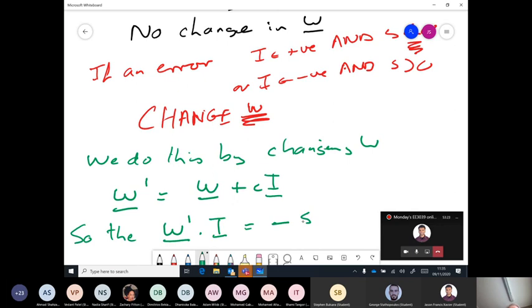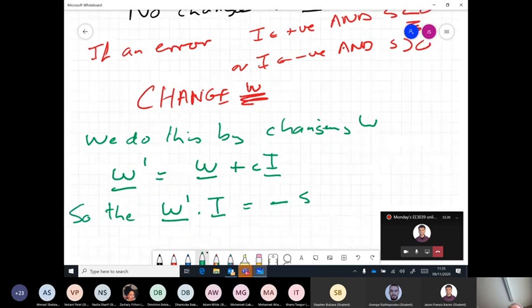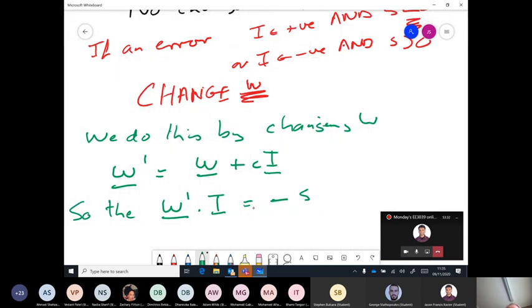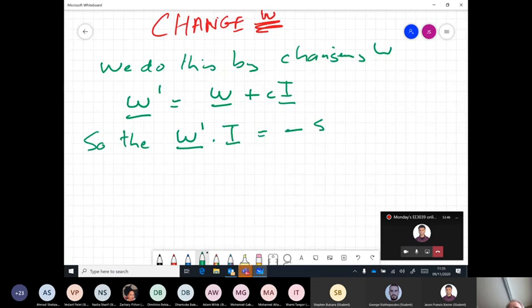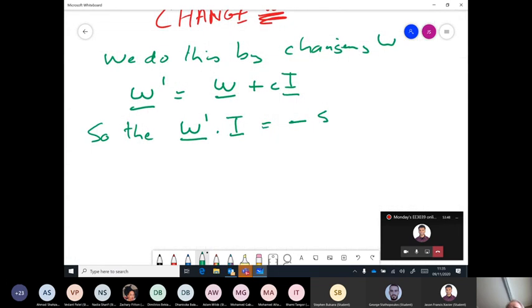In other words, it is the same product, but on the opposite side of the decision surface, it will be classifying the pattern correctly. If it's the negative class and we want it to be positive, so if S originally was minus, we're now using minus S, minus S will make it plus, and it will get that one correct. Right, so that is our strategy.